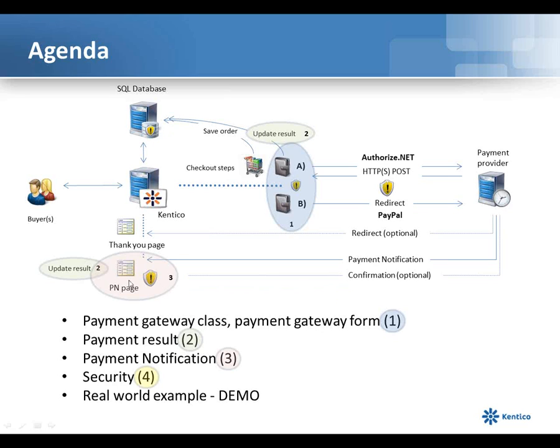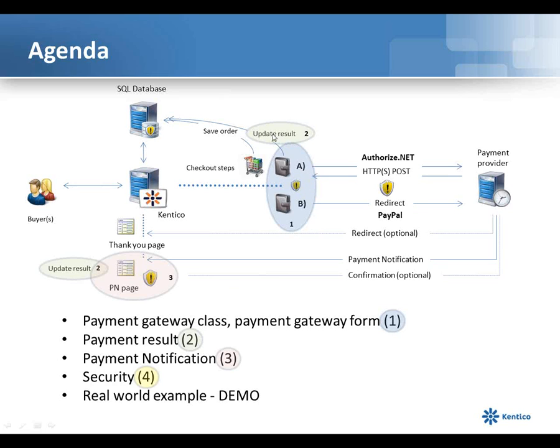Of course, the payment notification page depends on how it is implemented, but it may optionally ask the payment provider to confirm the identity of the provider. So these are the main areas that I want to talk about today. We'll try to discuss how to develop the payment gateway class and optionally a payment gateway form for collecting information like credit card details.